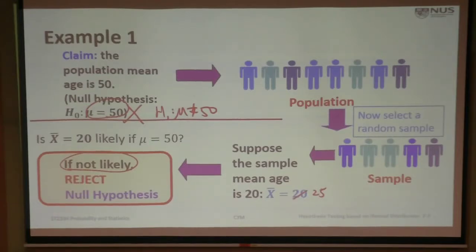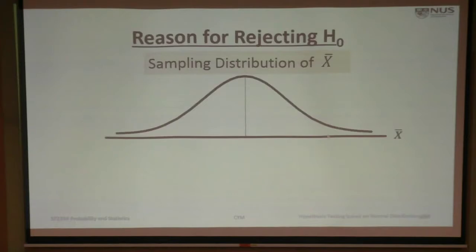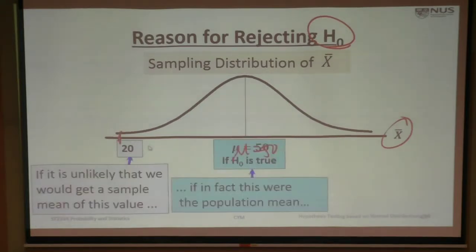So this is the distribution of x bar, supposing H naught is true, that mu is equal to 50. How likely are we to see x bar equal to 20? So we look at the chance that you see something more extreme than 20, in this case, less than 20.